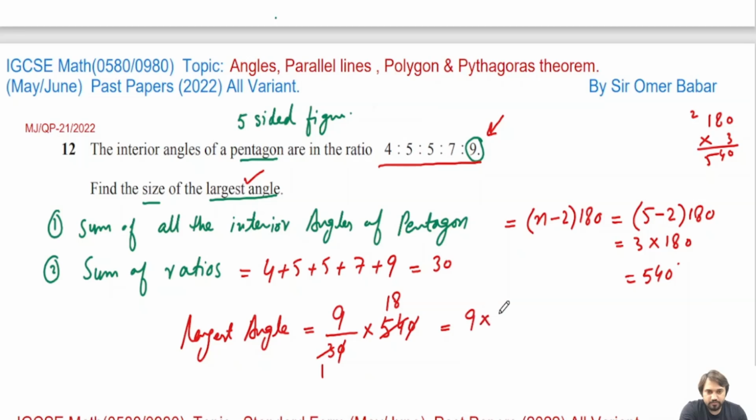Now 9 into 18, 2 7 carry. So the answer to this one is 162 degrees. Our largest angle is 162 degrees.